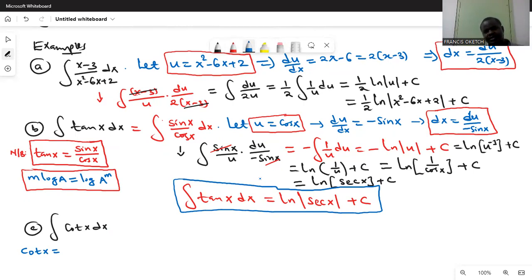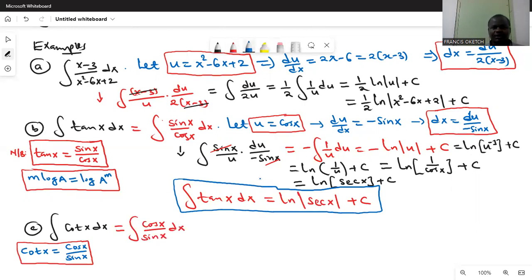But we said tan x is sin x over cos x, so 1 over tan x will be equal to cos x over sin x. Again, that is very important. Why am I doing this? Because I want to express cot x as a rational function, so that this integral can now be written as the integral of cos x over sin x dx.